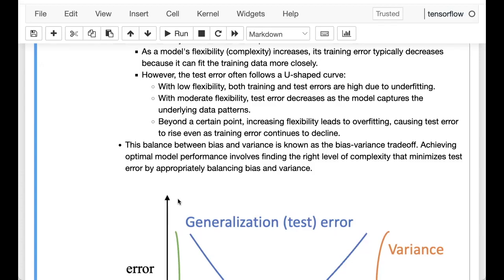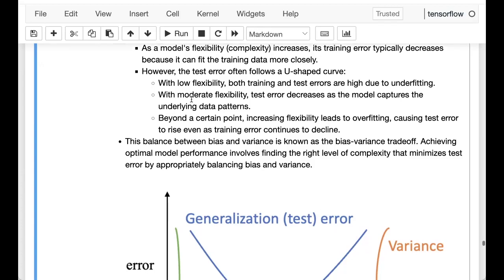And the same thing obviously happens with test data because we are not even having a model that has been trained sufficiently well. And then when we have moderate or sufficient flexibility in our model, then in that case, our training error is small. And also our test error is usually small too because this model captures the underlying data patterns.